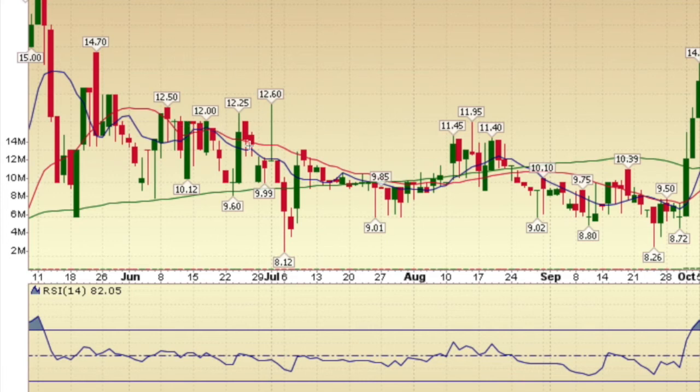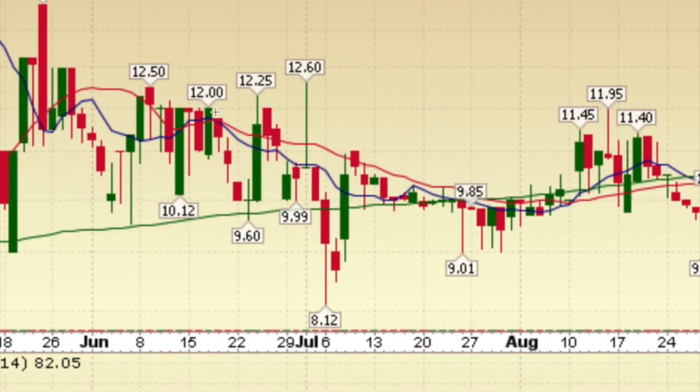I also want to introduce something we call a death cross. A death cross is when MA8 and 21 cross each other in a downward motion. When you see that, it generally means you need to get out of the trade. We can see a death cross happening here right around June 19th or 20th, and it continues to trend downwards.